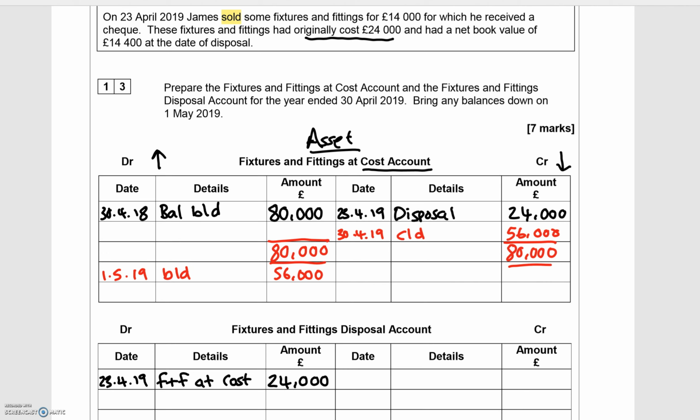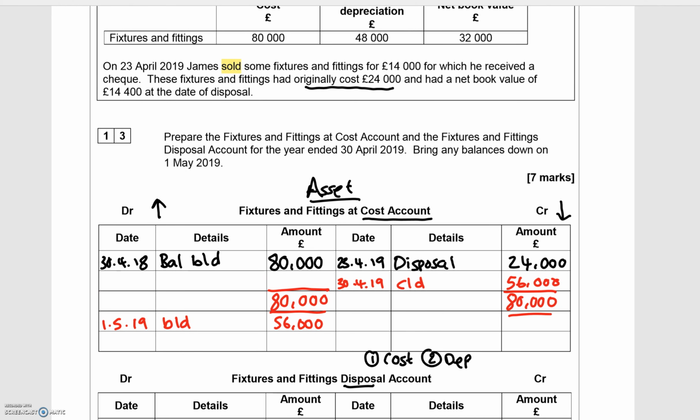Now the second thing that you have to do, you always have to dispose of the depreciation, because so far we have only disposed of the cost. In any kind of disposal question, there are two things that you need to get rid of. The first thing is the cost, and the second thing is the depreciation associated with the asset that you have got rid of. Going back to the question itself, it says the fixtures and fittings sold for £14,000 received.